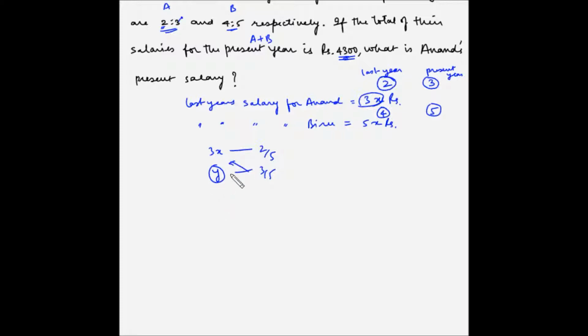So cross multiplication, 3x multiplied by 3 by 5 is equal to 2y by 5. 5 gets cancelled with this 5. So y is equal to 3 3s are 9, 9x divided by 2.